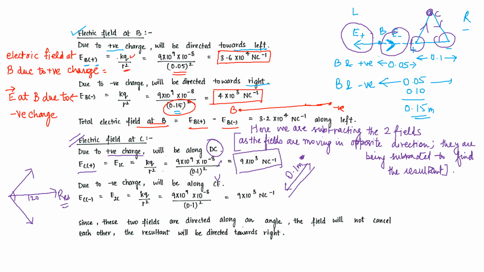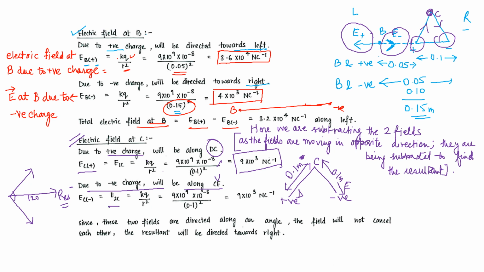Then see the other statement here, due to negative charge it will be along CE. This is CE. Okay. So this is also, what is the magnitude here? 0.1 meter, same magnitude.